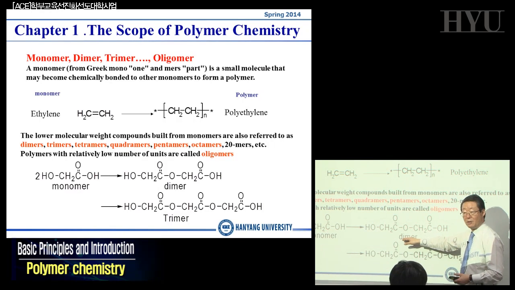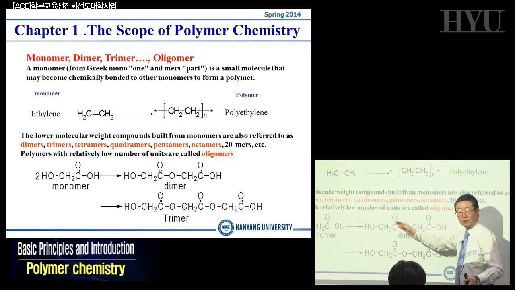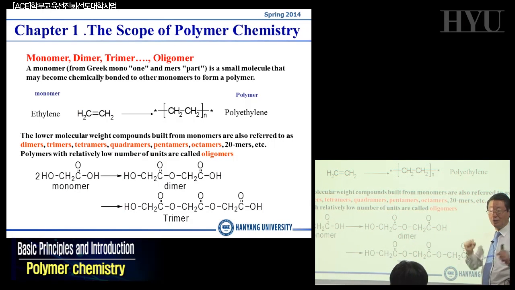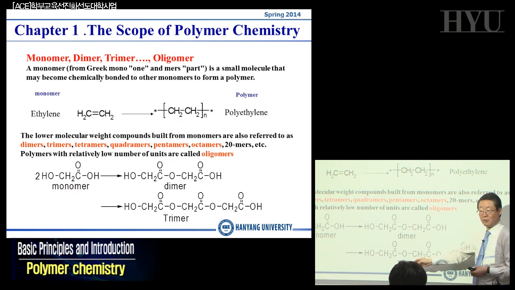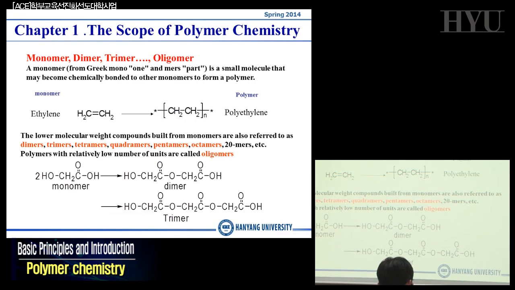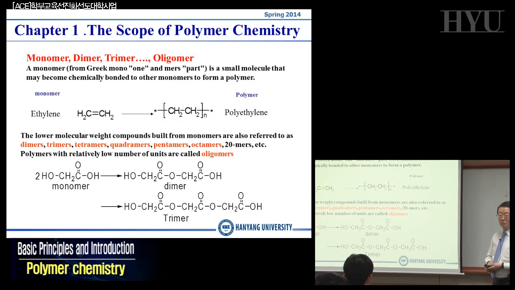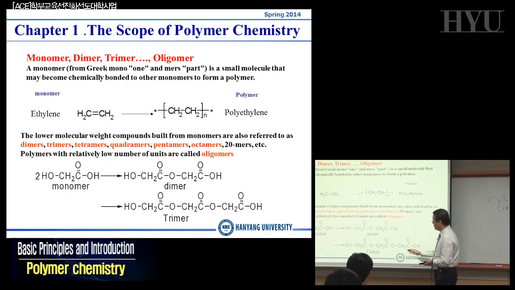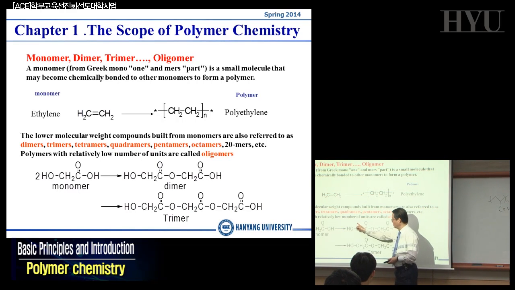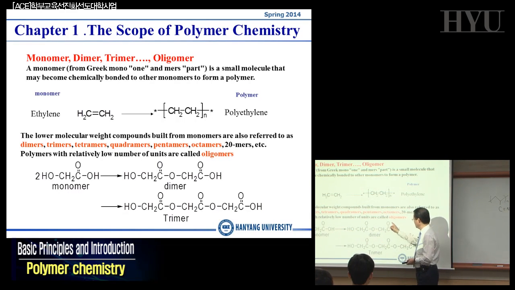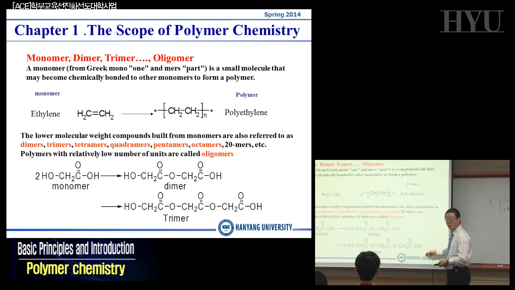This dimer, because of the two functional groups left at the end of your chain, is capable of continuing on to become a trimer, tetramer or quadrimer or whatever. It becomes oligomers and polymers, of course. Now, you have this unit repeating n times in this case.